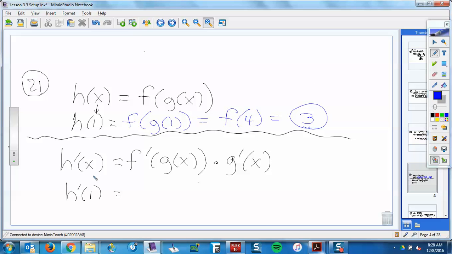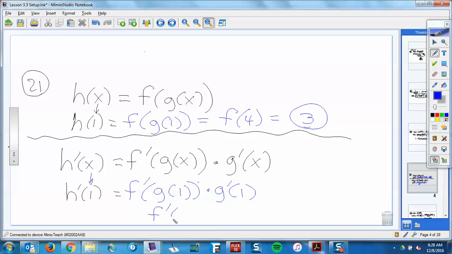Okay, but now the entry below that, they want H prime of 1. Well, here's H prime of X, right, by our chain rule. So that means H prime of 1, we put a 1 in for X. So we got F prime of G of 1 times G prime of 1. So what's G of 1? 4.